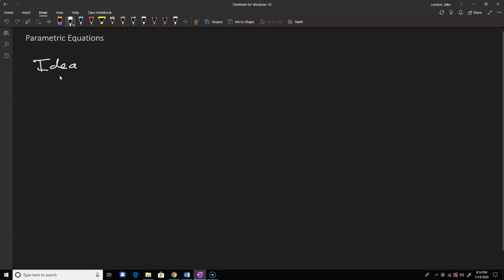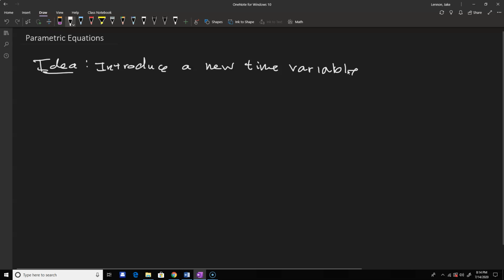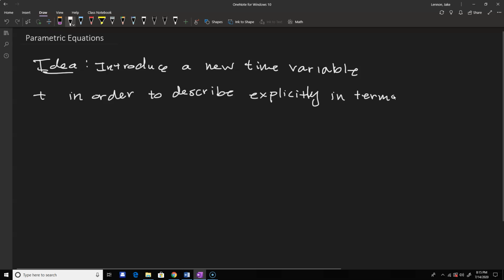Idea: introduce a new time variable t in order to describe explicitly in terms of t how x and y behave.